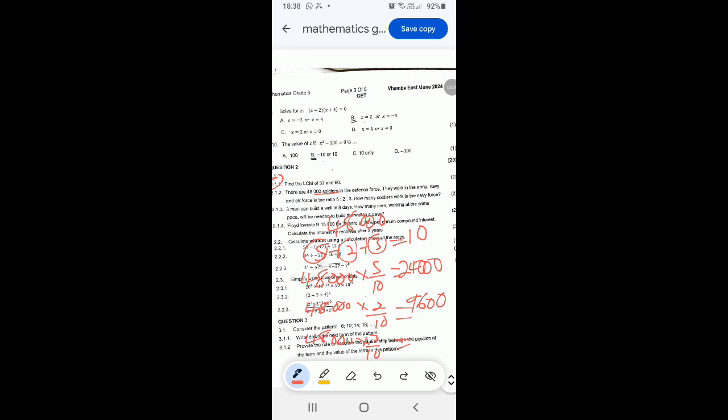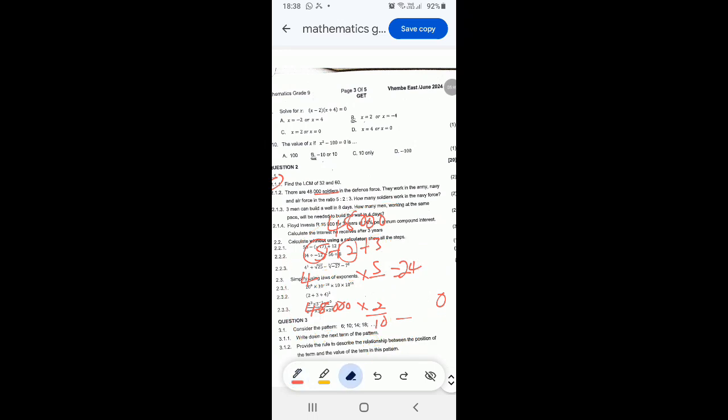And we have 14,400 soldiers. Let's check. So let's add all these soldiers. We are supposed to get 48,000. So you can check and add. Yes, we have 48,000. So this is how we do it. This is the ratio.